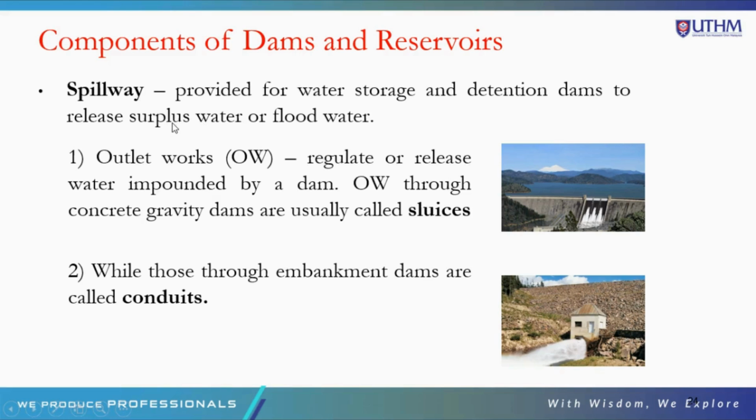The spillway provides for water storage and releases surplus or flood water. The spillway has outlet works, which we call a conduit. The outlet work is like the sluice gate, and the conduit runs through the embankment dam like this.